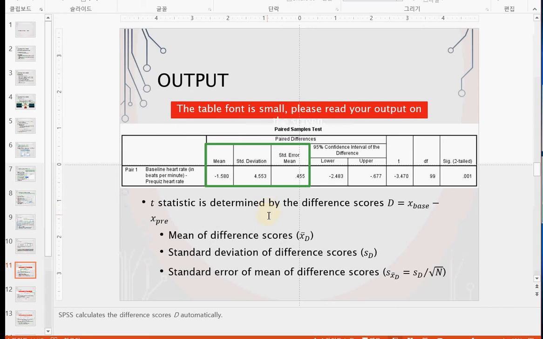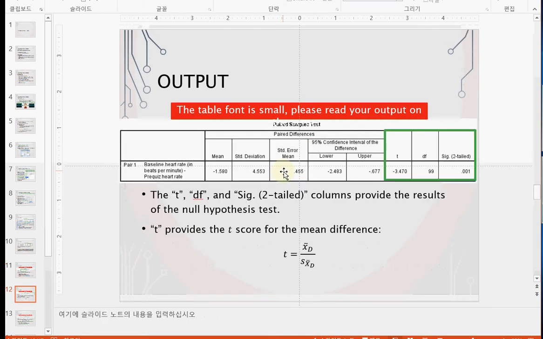Then this is the result of the paired sample t-test. Here you see the mean of the difference scores, the standard deviation of the difference scores, and the standard error of the mean of the difference scores. Then you see the t, degrees of freedom, and p-value for the two-tailed test.